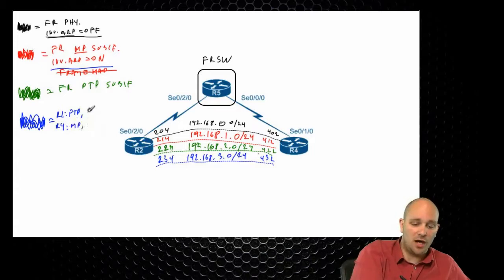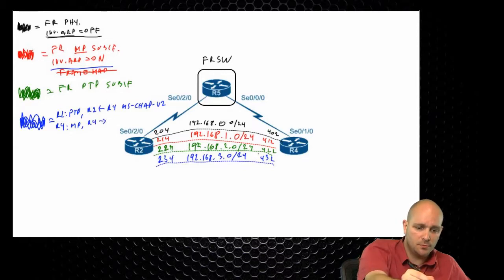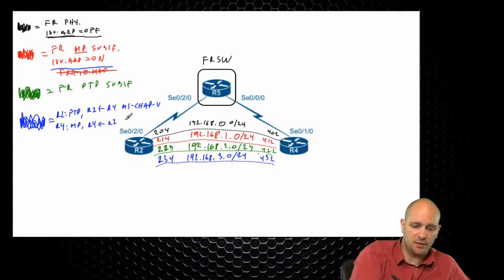Now, I want R2 to authenticate R4 using MS-CHAP version 2, and I want R4 to authenticate R2 using EAP.